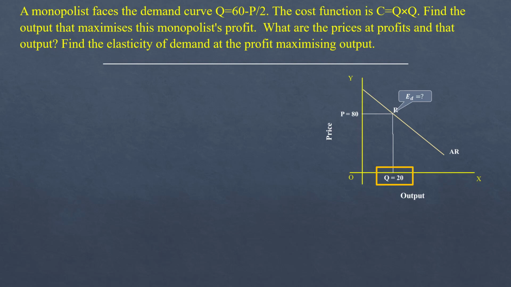Now we have to calculate elasticity of demand at the profit maximizing output Q equal to 20. You recollect the formula for elasticity of demand. It is dQ by dP times P over Q. We need the value of dQ by dP, P and Q. To find dQ by dP, we shall use the demand function as given in the problem.